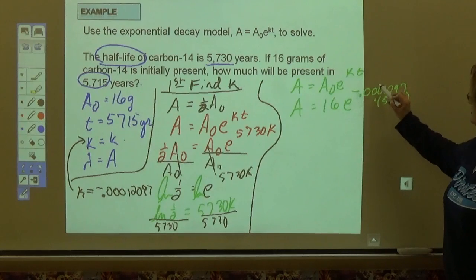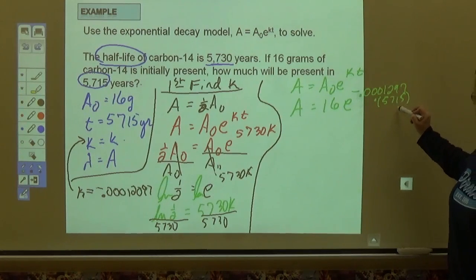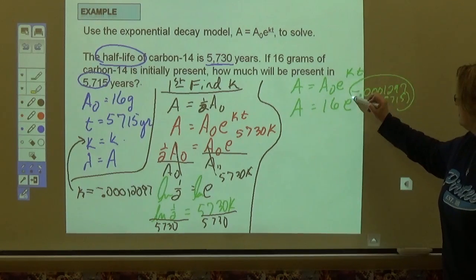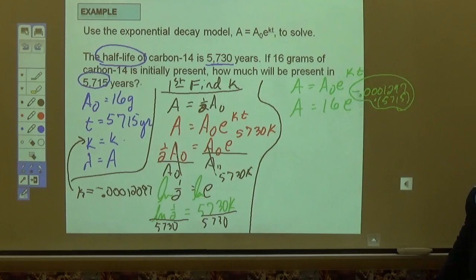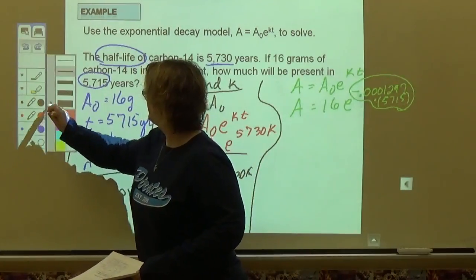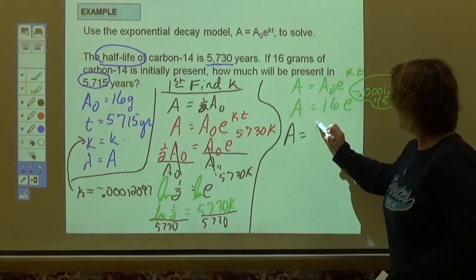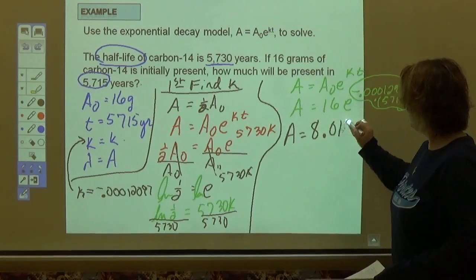So these two numbers right here are your exponent getting multiplied together. So you want to make sure that you put that in parentheses when you raise e to the power. And if you type it in correctly, you should end up with A equals 8.014.